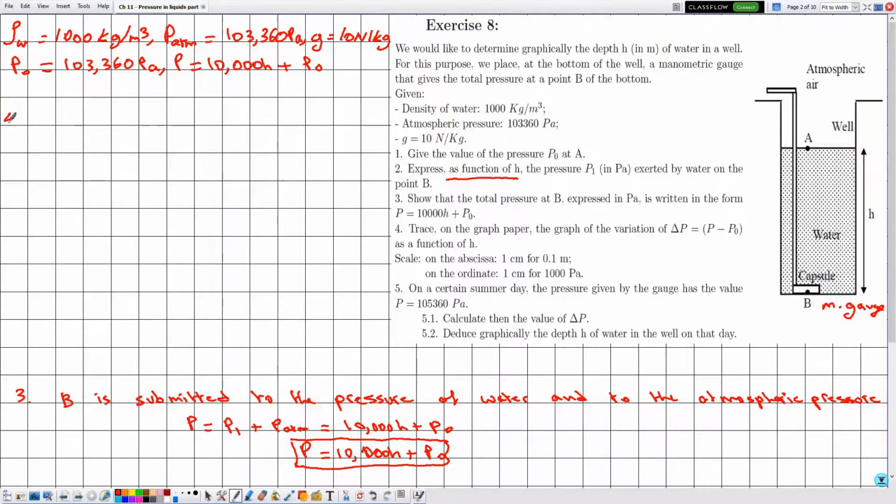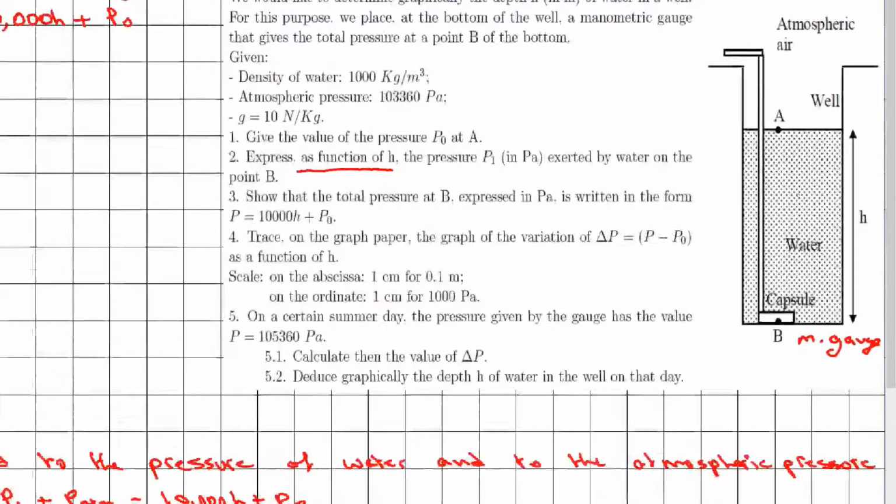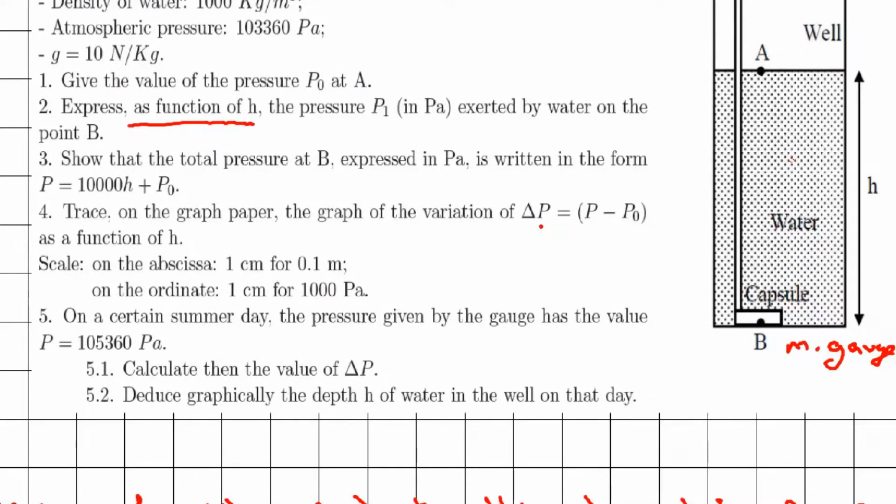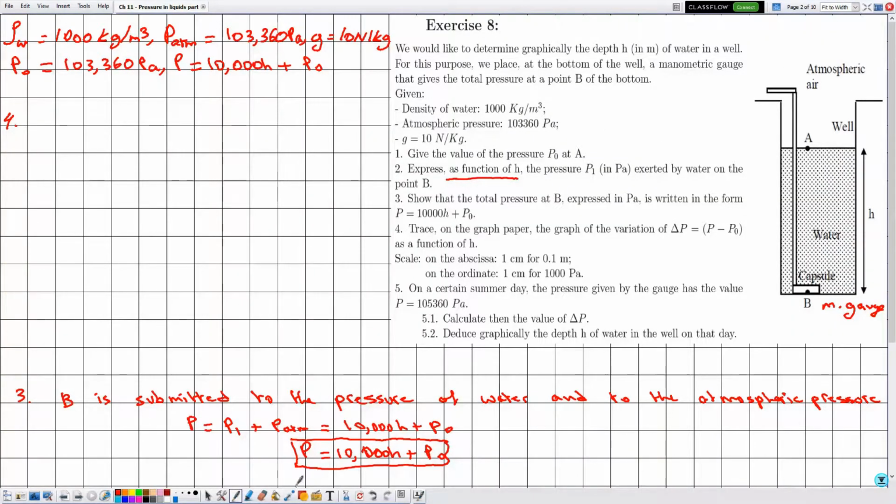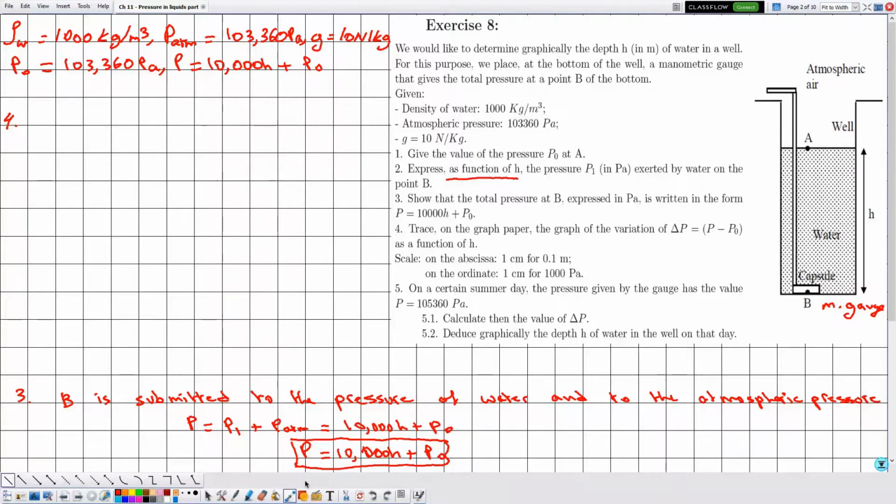Now in number 4, trace on the graph paper the graph of the variation of delta P, equal to P minus P0, as a function of H. So first, let's construct the axes that allow us to trace this graph, which shows the variation of delta P as a function of H. So this is the y-axis, this is the x-axis.